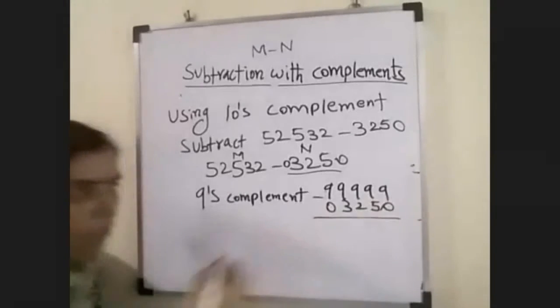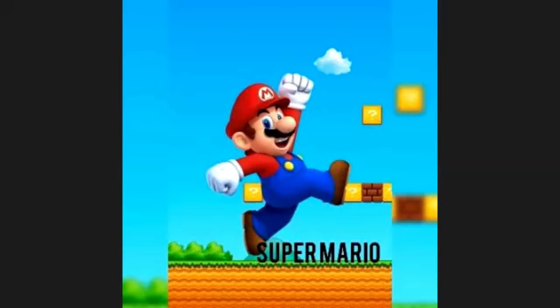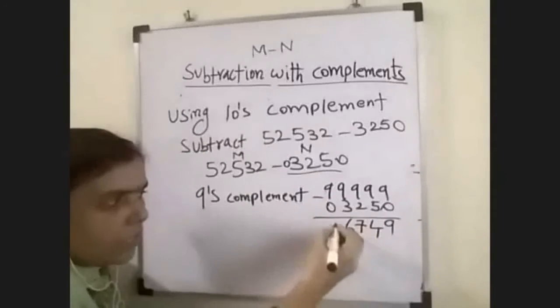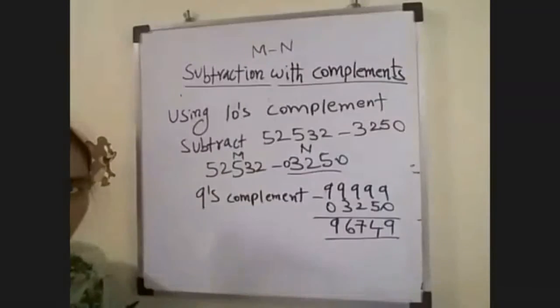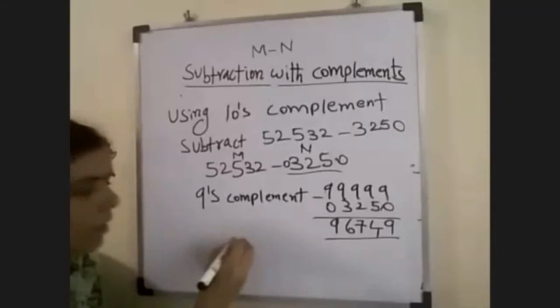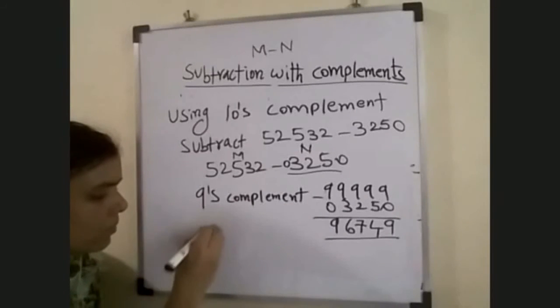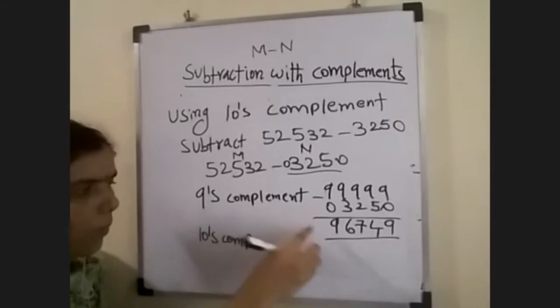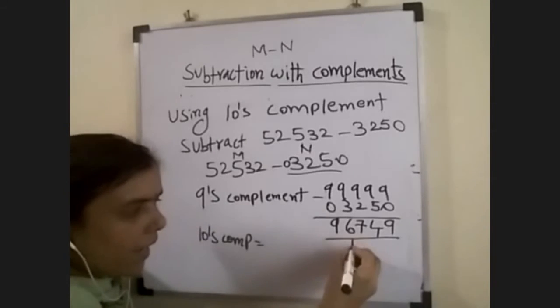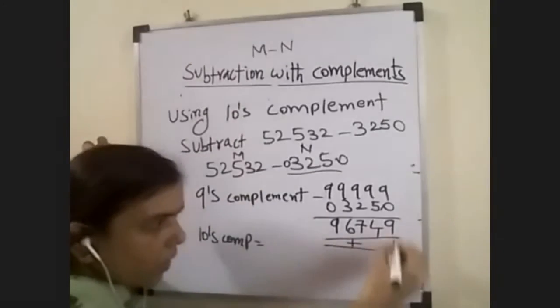What is the value? 96749. So 96749 is the nines complement, and tens complement is equal to nines complement plus 1. That means you add 1 here. Then what is the value?